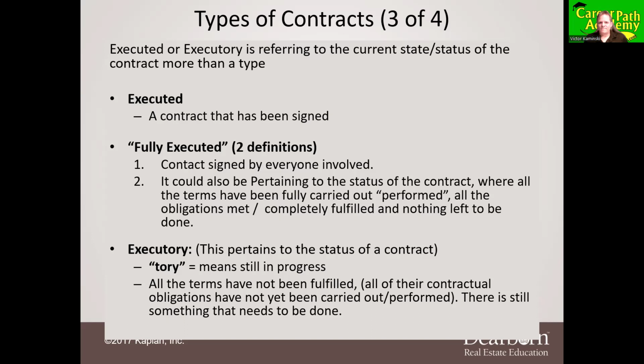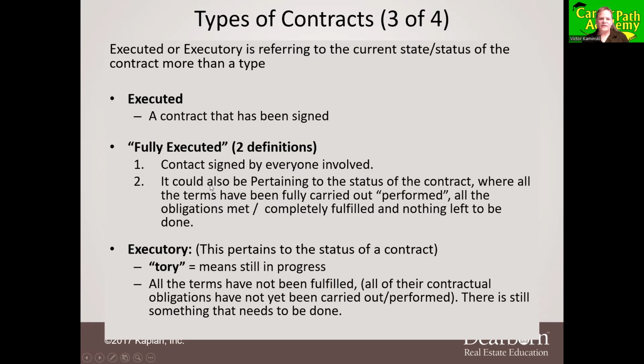Now, if everything the contract required us to do, home inspections, appraisals, this, that, and the other thing, is all done and we're just waiting to close, well, now the contract's been fully executed. The second definition of fully executed pertains to the status of the contract, just like the word executory.